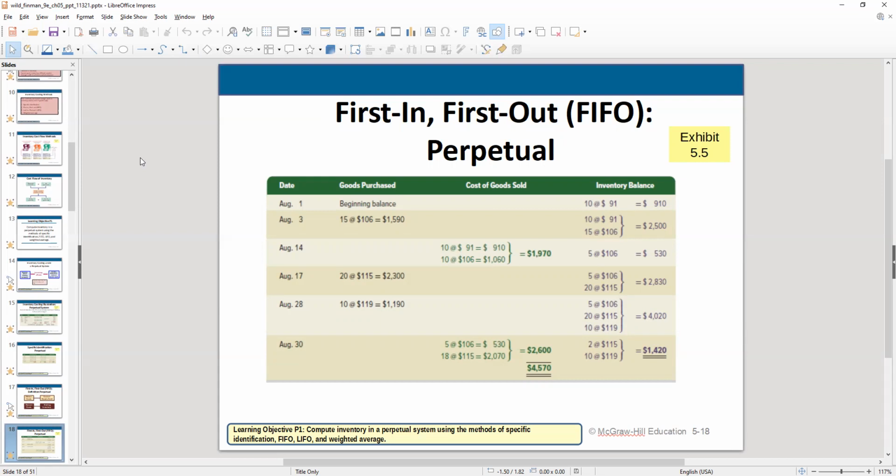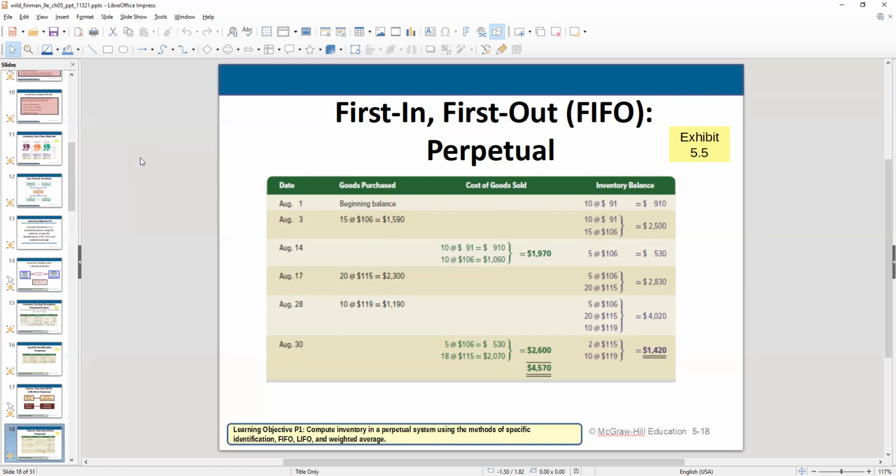First in was 10 bikes at 91. So we're going to record $910 cost of goods sold. Then we're going to take 10 bikes at the second purchase, which came in later at 106. And that's going to give us cost of goods sold on August 14th of $1,970.